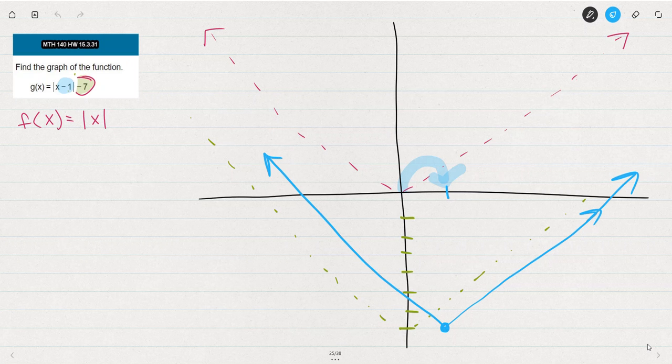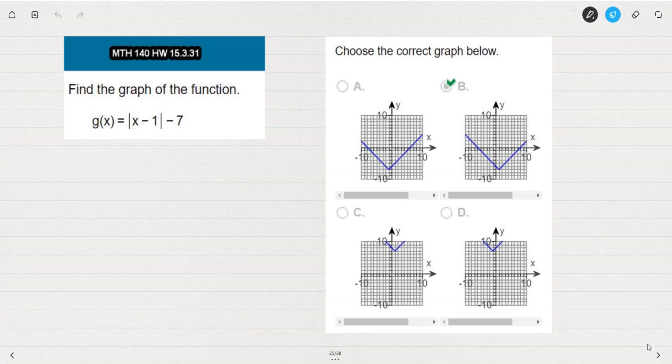Let me show you one other approach for that, because this question actually came as a multiple choice.